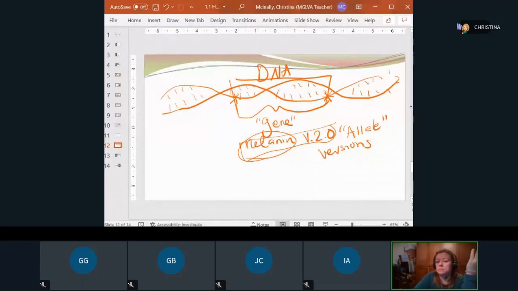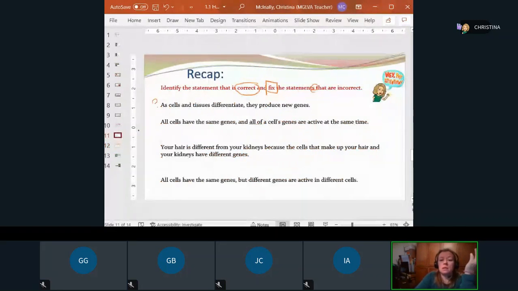So, as Gavin so rightly pointed out, since all of the cells of the same organism are going to have the same genes on it, they're not going to make new genes. They can't produce new genes. That would be like taking your DNA strand and then adding in another little snip, right? No, that's not how it happens.